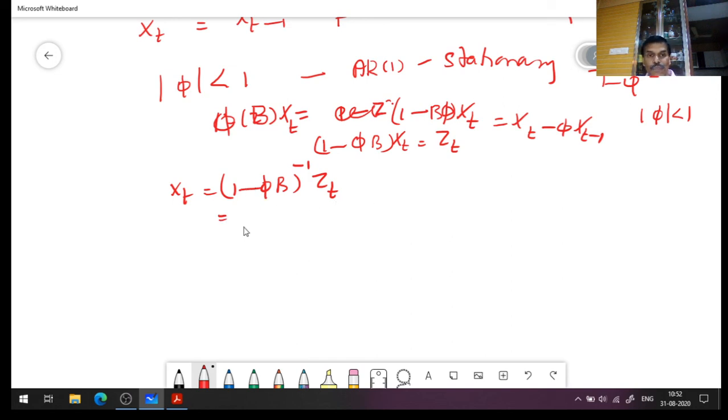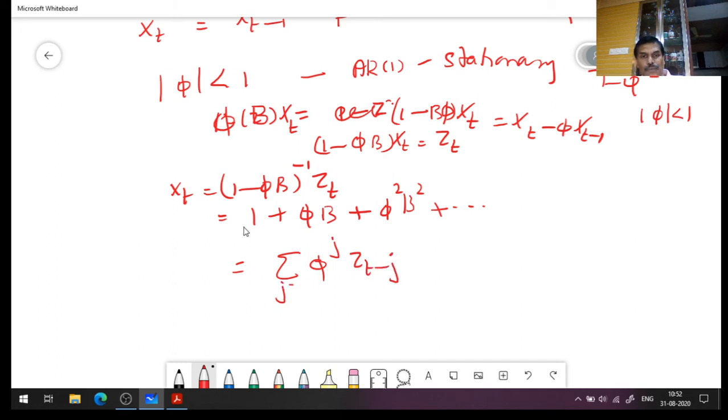This is going to be 1 + φB + φ²B², etc. Each of the B's brings a plus, so essentially you will get φ^j Z(t−j), for j equal to 0 onwards.